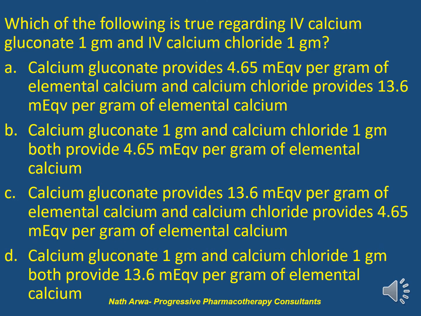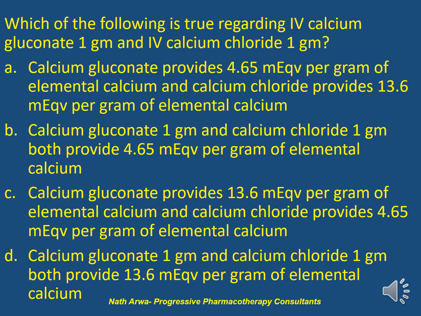So the first question is, which of the following is true regarding IV calcium gluconate and IV calcium chloride? Is it A, calcium gluconate provides 4.65 milliequivalents per gram of elemental calcium, while calcium chloride provides 13.6? Or is it B, calcium gluconate 1 gram and calcium chloride 1 gram both provide 4.65 milliequivalents per gram of elemental calcium?